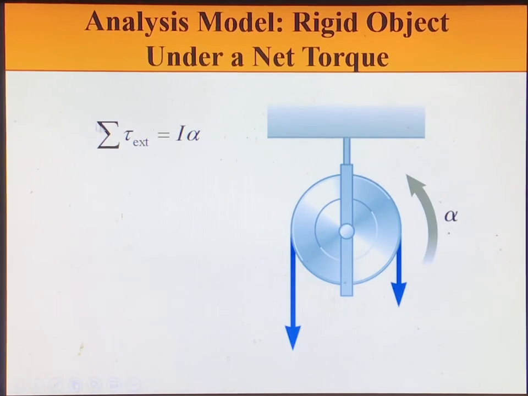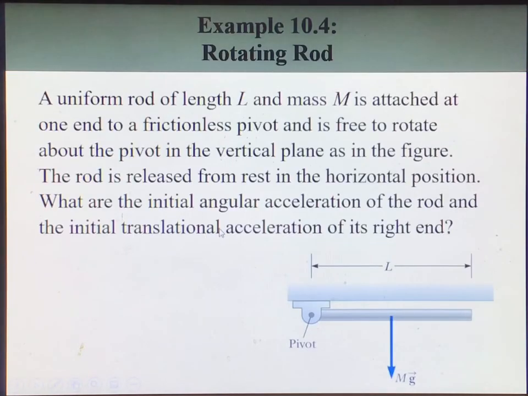Most of the time when we solve problems, if you know the sum of all the torques, you can solve this equation to get the angular acceleration, which is alpha. Now we're going to look at example 10.4, an example of a rotating rod.